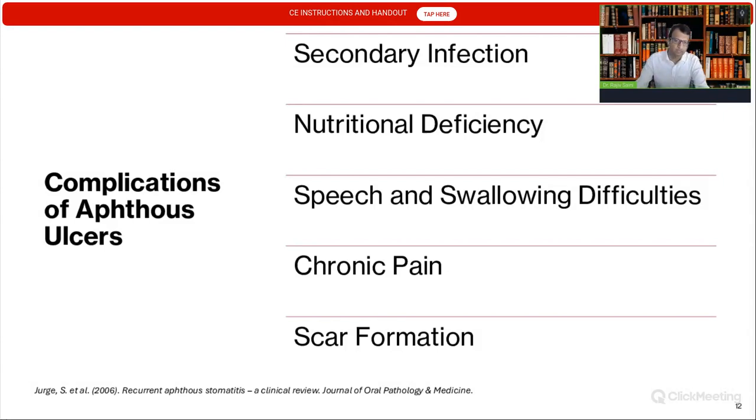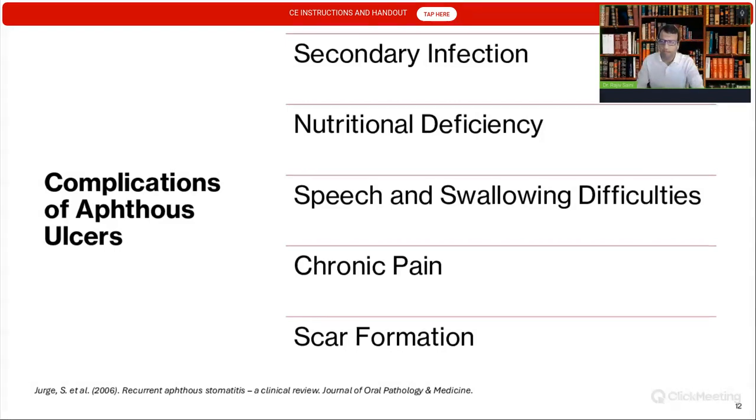Now, there are critically important complications of aphthous ulcer. It is not confined only to the pain and the challenges associated with the oral cavity. The most important challenge is secondary infection.